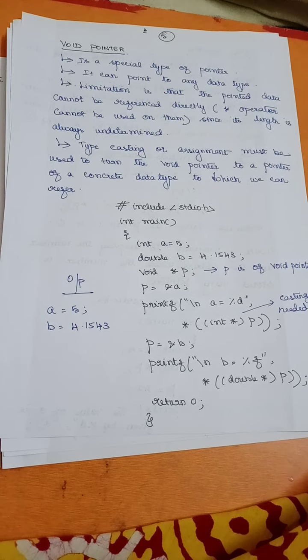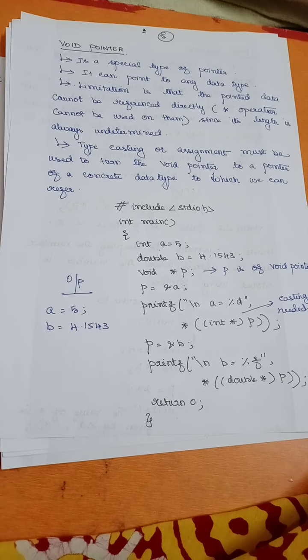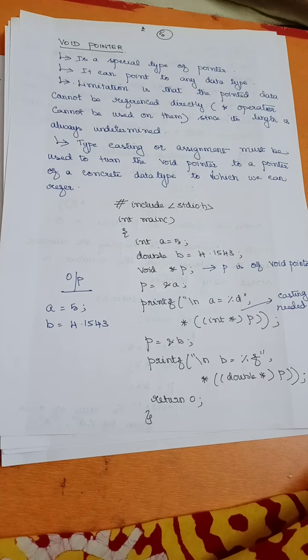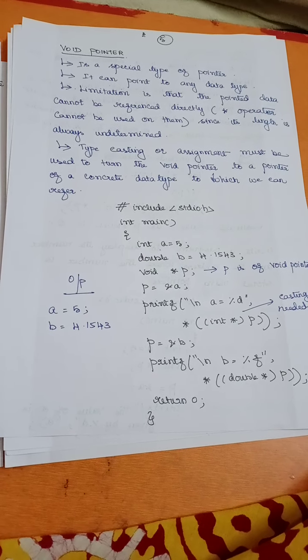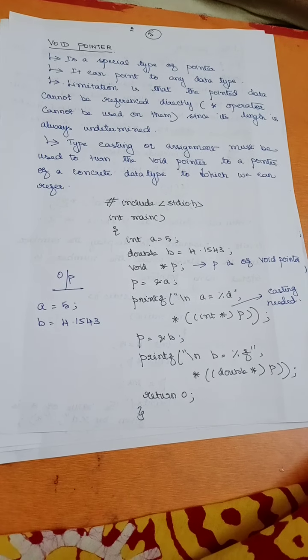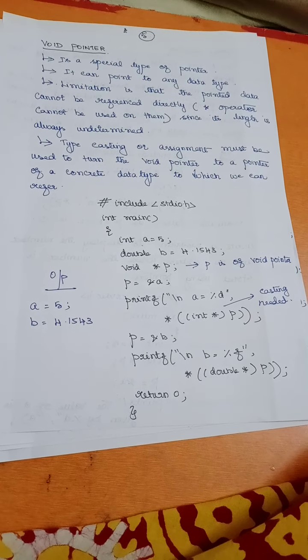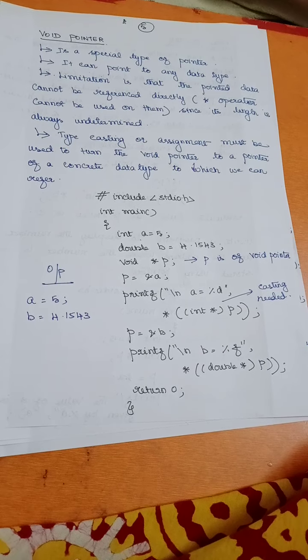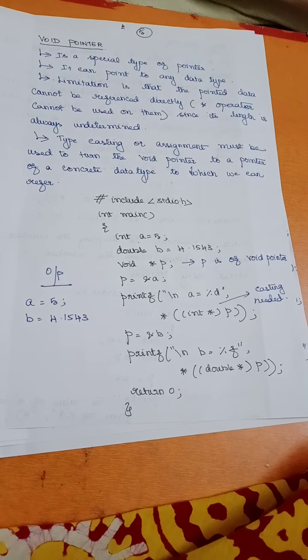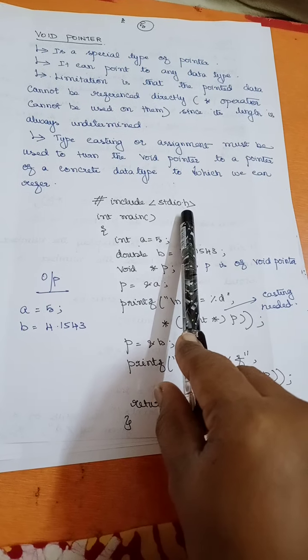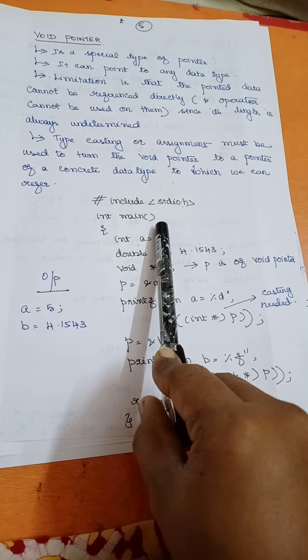The only limitation is that whenever you are dereferencing, you need to do the casting operation, then only you can use it. So typecasting, casting or assignment must be used to turn the void pointer into a pointer of a concrete data type. So now, #include <stdio.h>, int main.